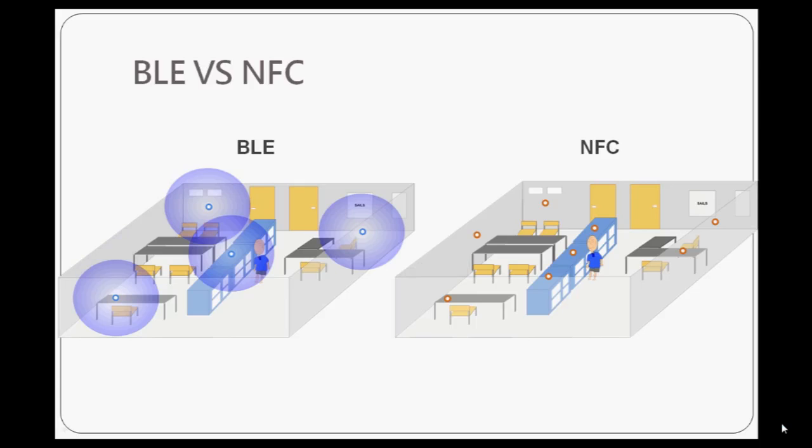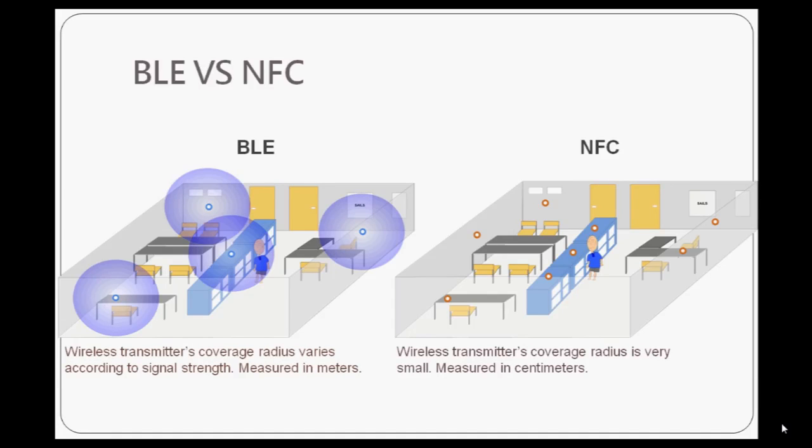Some may wonder what's the need for a beacon that uses Bluetooth since NFC, near-field communication, already exists. First of all, the coverage of Bluetooth is measured in meters while NFC is in centimeters. In other words, the transaction distance is totally different. Also, Bluetooth can interact with several devices while NFC can only interact with one device at a time.